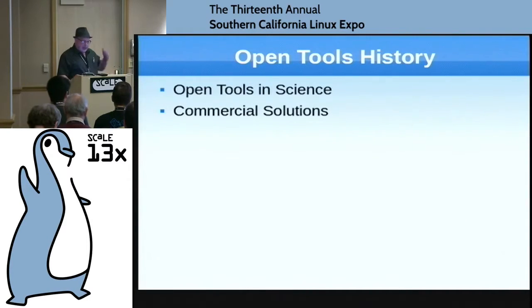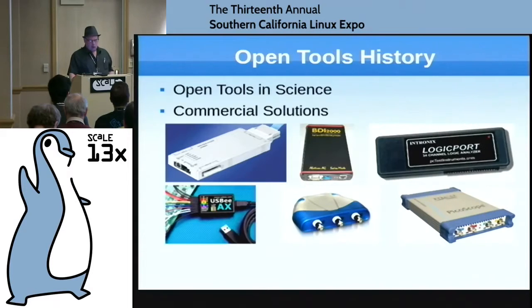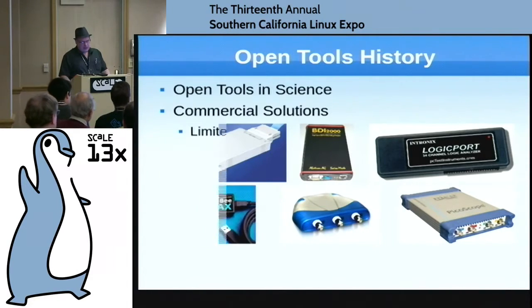With that in mind, today, for probably the last 50 years in electronics, there are tons of commercial solutions for things such as logic analyzers, USB oscilloscopes, and all kinds of devices for JTAG. You name it, there's a commercial solution for doing debugging of some type.